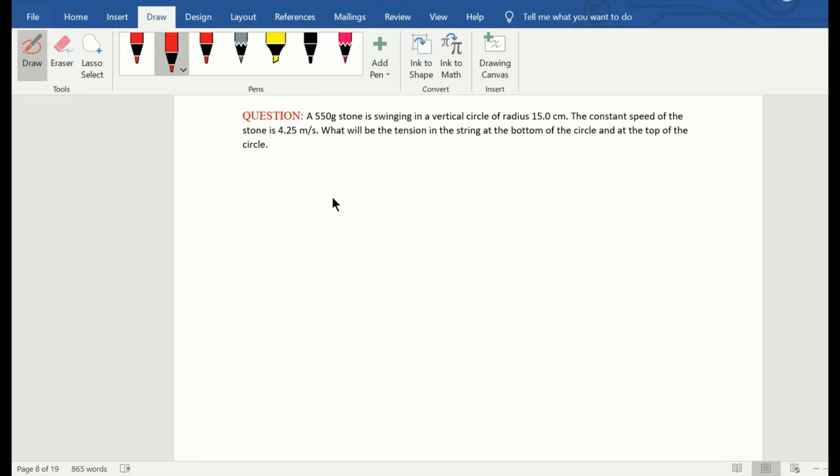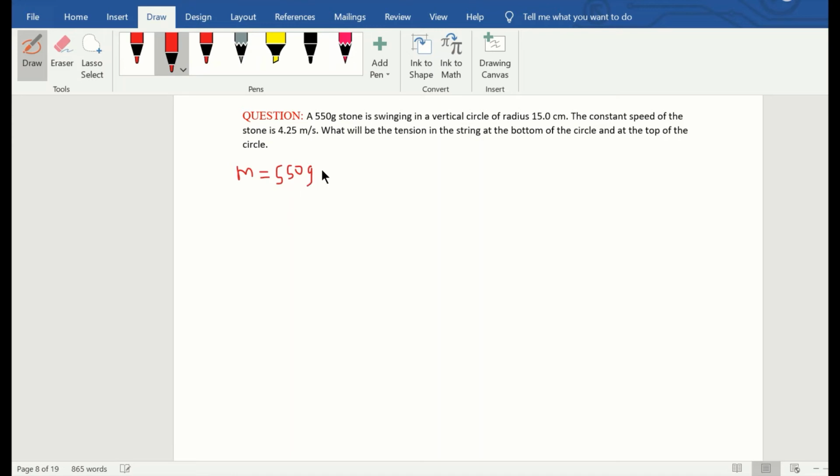Okay, so let's look at just a question on how to find the tension at the bottom and the tension at the top. Now, the first thing I do is that I will write out my given data. So I'm given the mass. The mass is given as 550 grams.